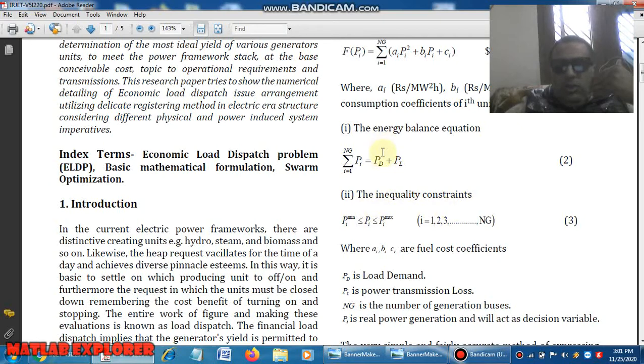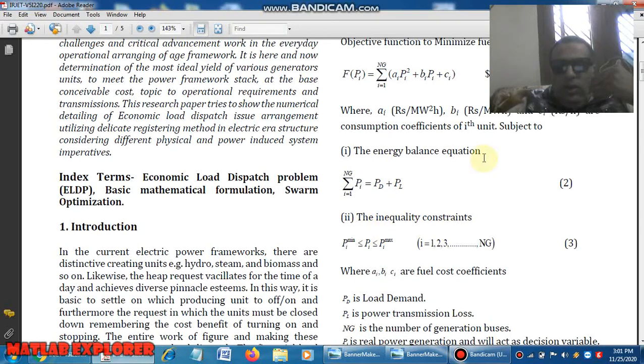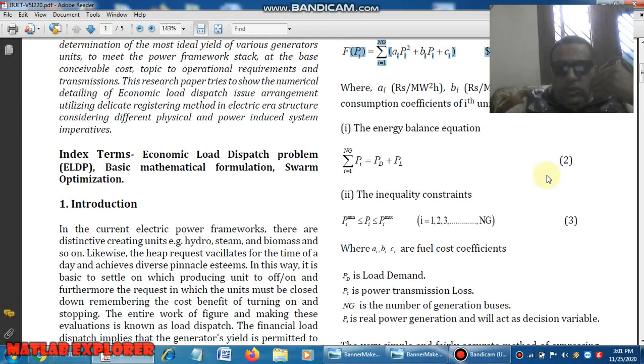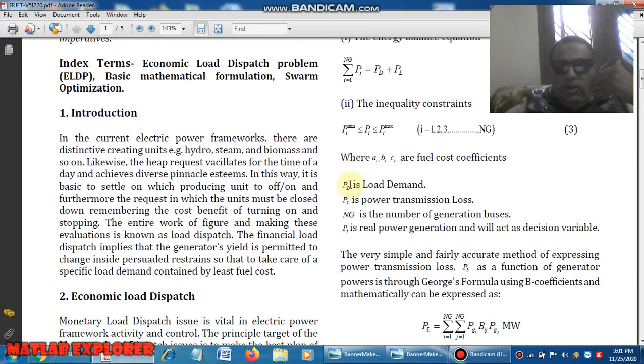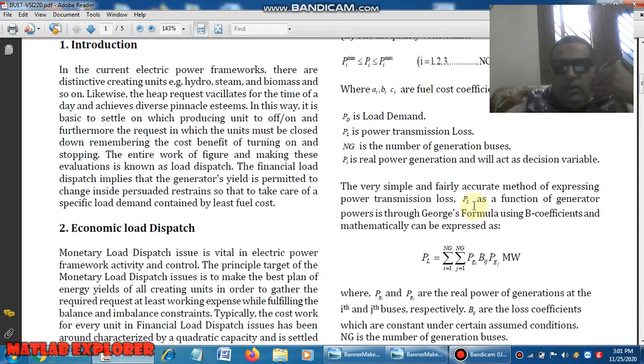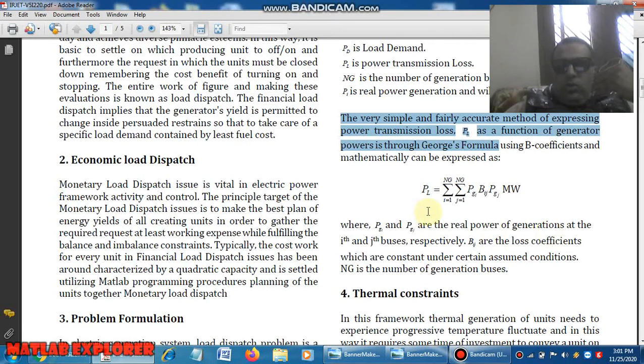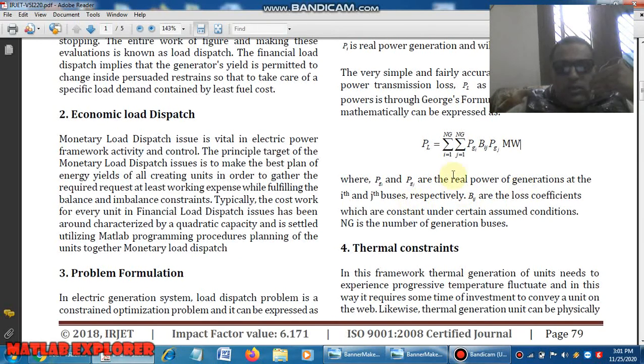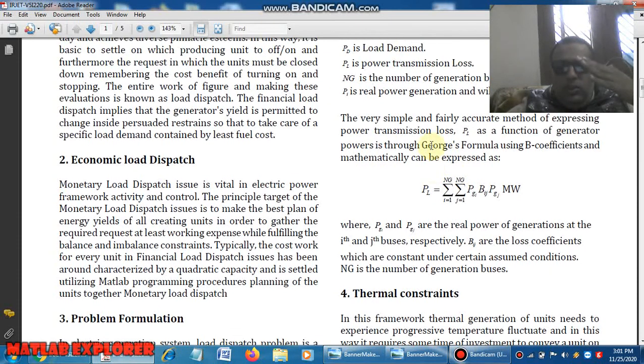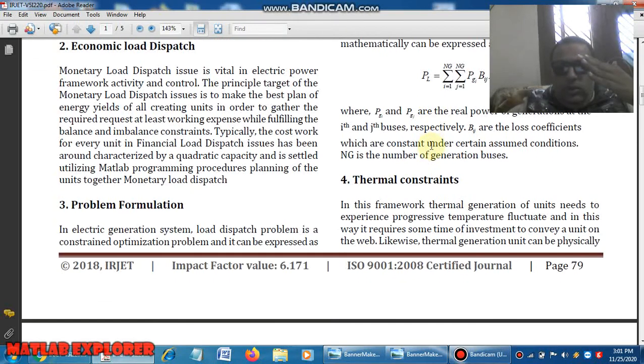You have to satisfy these constraints while solving this objective mathematical equation. So these are some constants inside any mathematical model. This is one more equation. Like this is the problem formulation presentation in this section.